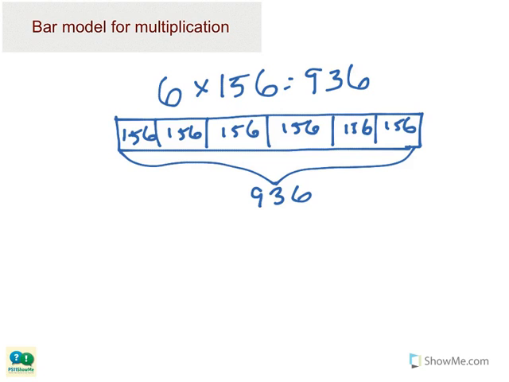But this gets a little more complicated when you have a word problem that calls for 156 groups of 6. So that would mean you need to draw 156 groups in one bar. Now, this is not beneficial for anyone to sit there and draw 156 groups and write 6 in each of them. So to save time, we start by drawing the same bar.